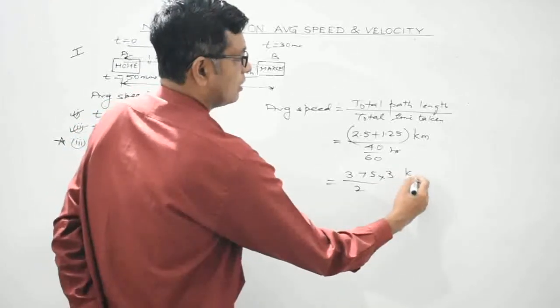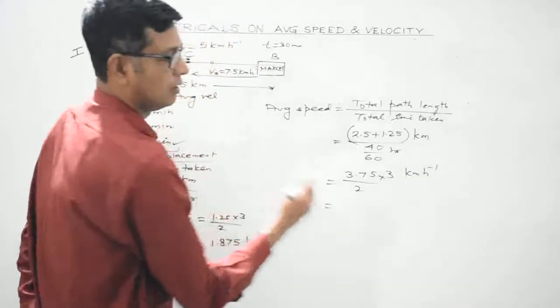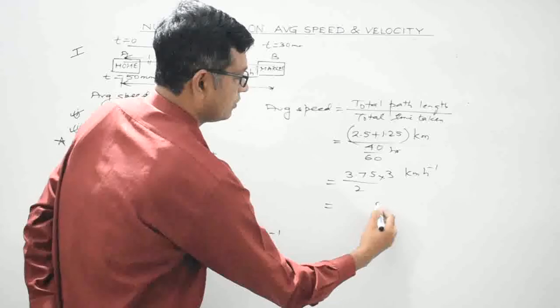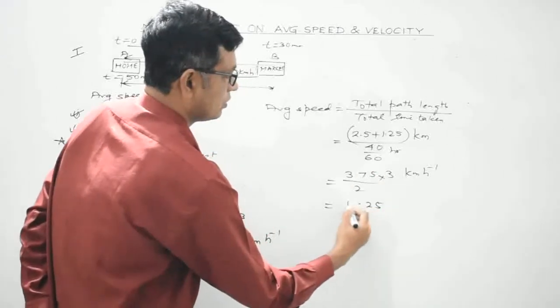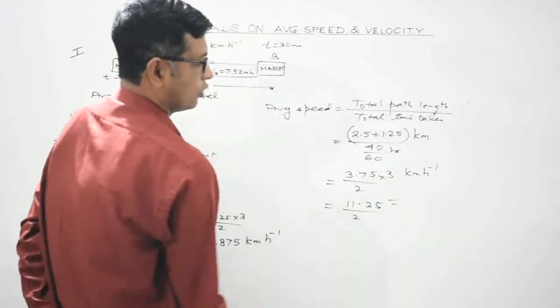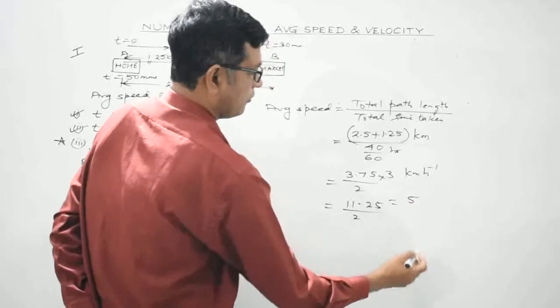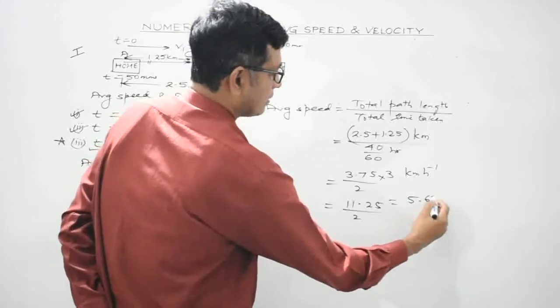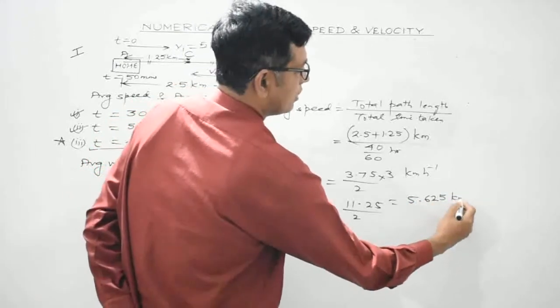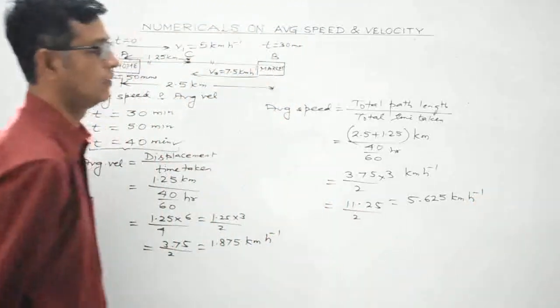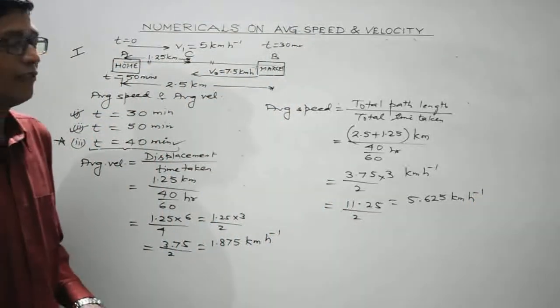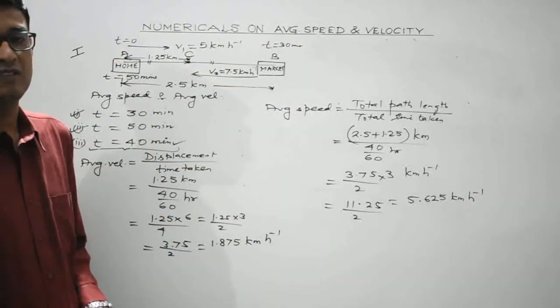So it will be in kilometer per hour. So we can easily solve it. Right? So it comes to be 5.625 kilometer per hour. So this is the average speed of the person.